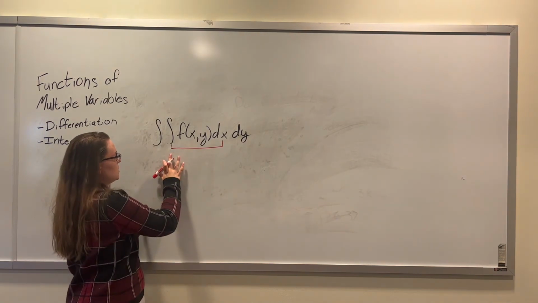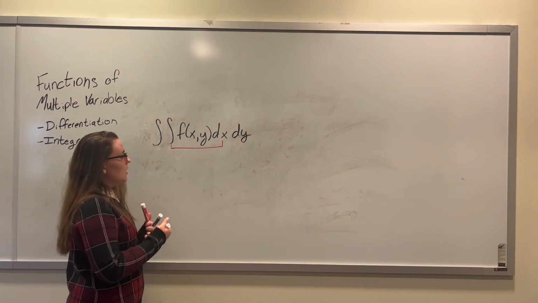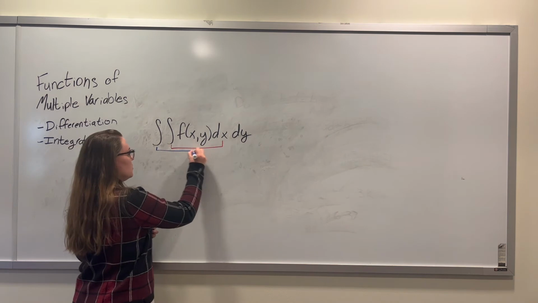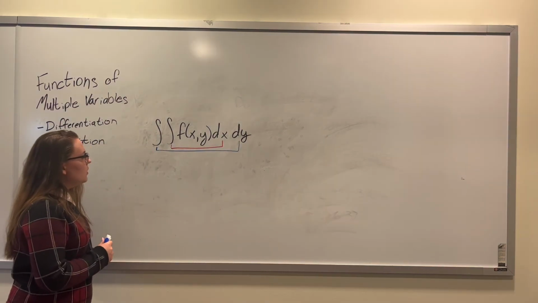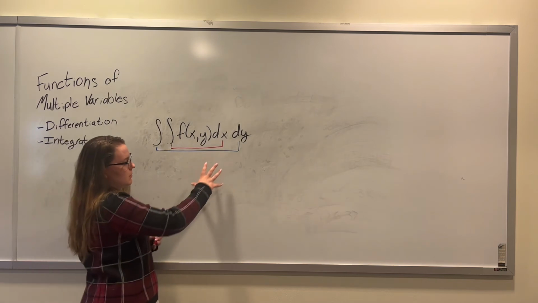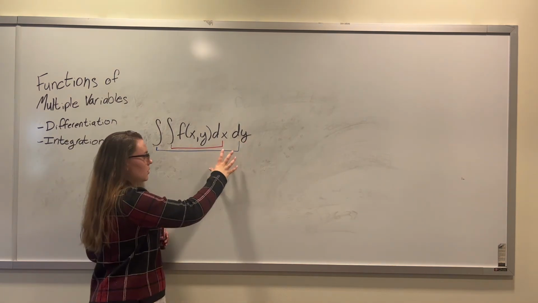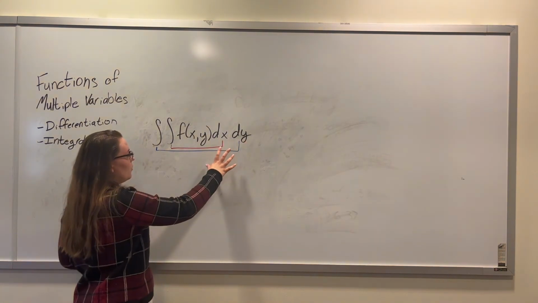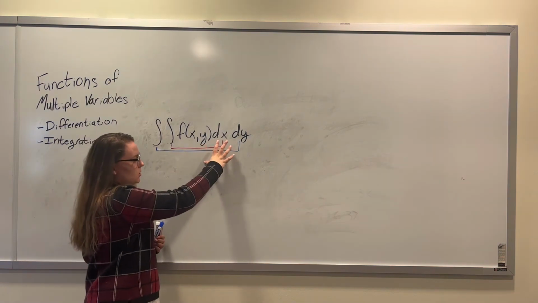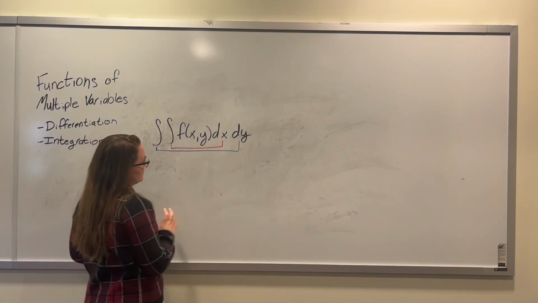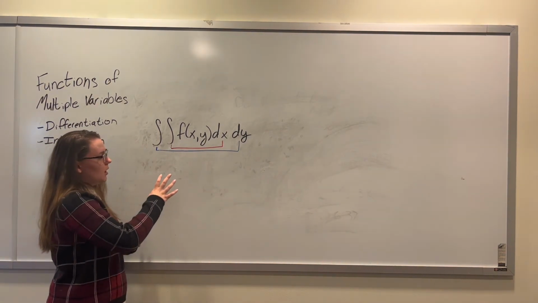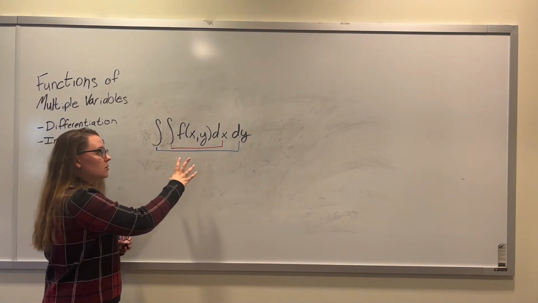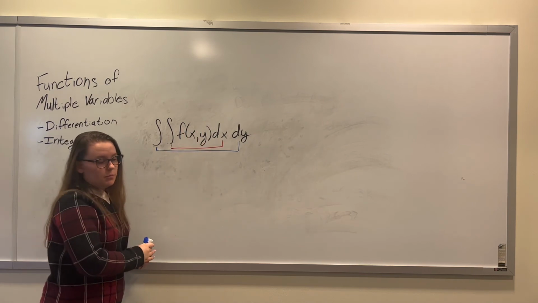When you see this, the inside variables are together and the outside variables are together. When we are working with indefinite integrals, it doesn't really matter which order you take the integral from, whether you integrate with respect to x or integrate with respect to y, it doesn't matter which. But when you are working with definite integrals, you want to make sure you get everything lined up correctly.